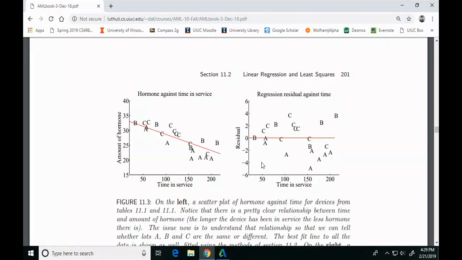But they all released less hormone, or caused less hormone. I'm not sure what these devices did. Versus batch C. So by using regression, we can actually get rid of some noise in the system and do some analysis like that. Now, we're not going to look at this. It's a whole other topic of ways you can use regression. We won't examine that kind of analysis, but it is something that is out there.